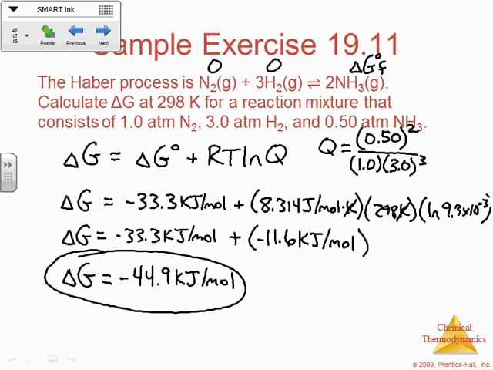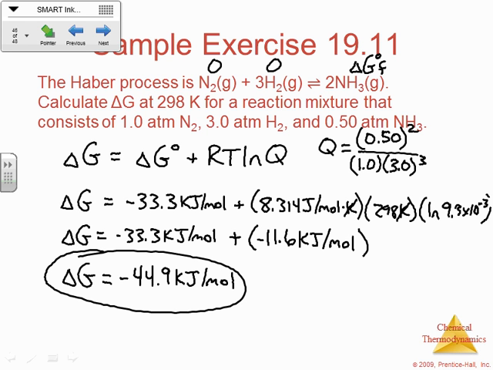My delta G got more spontaneous or more negative when we did that. Does that make sense? More thermodynamically favorable, as opposed to the delta G0, which we calculated to be negative 33.3 kilojoules per mole up here.